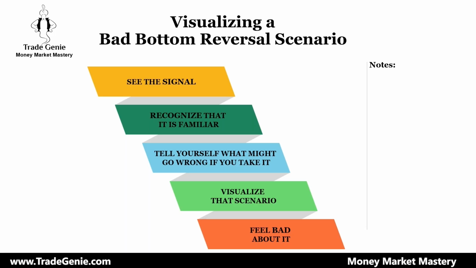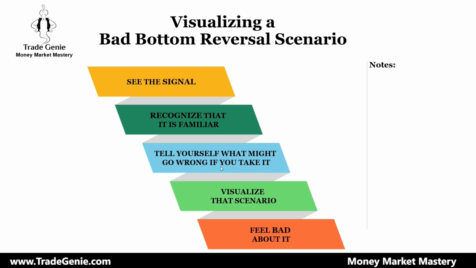But then you start telling yourself what can go wrong. You say, no, this gap down, I don't know, I wait, and then you ignore it, and then it just continues to fall apart. When you're telling yourself what might go wrong, you start visualizing that scenario, how much money you will lose by taking that trade.